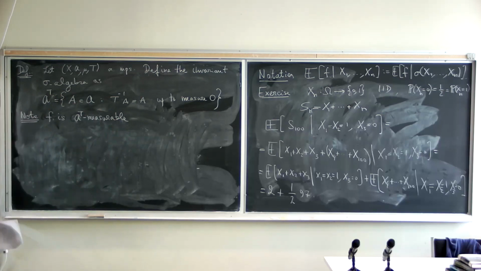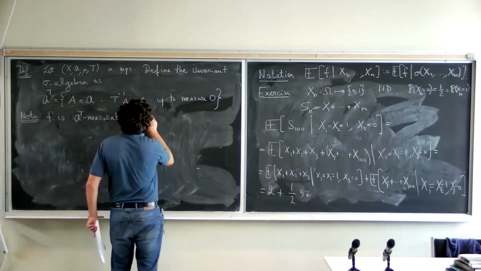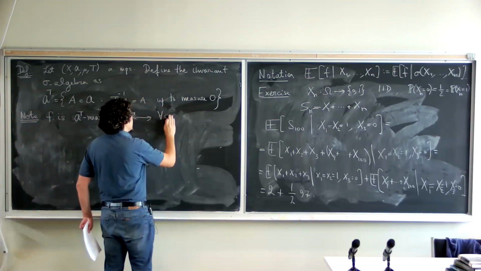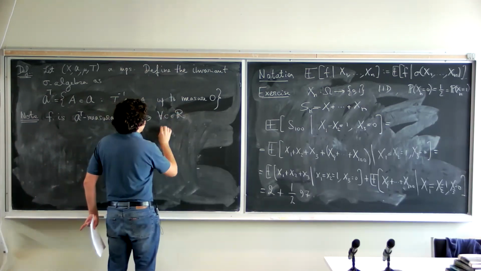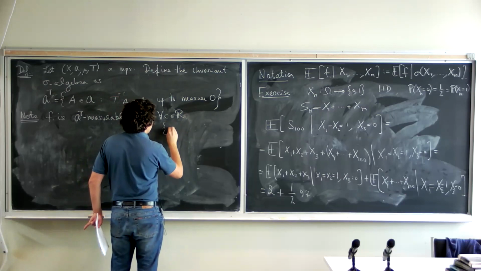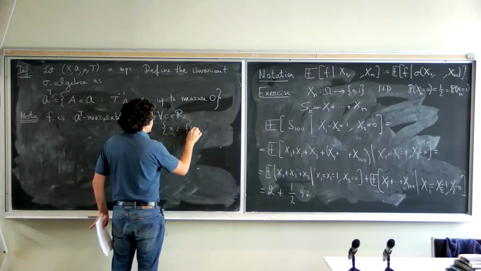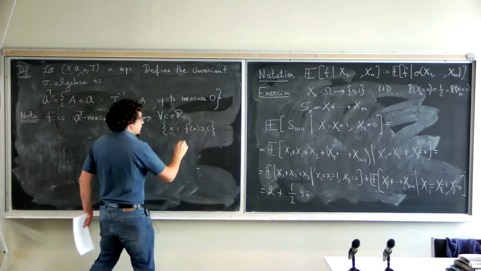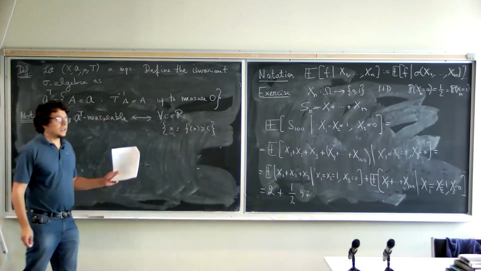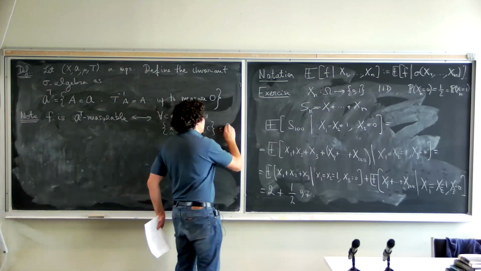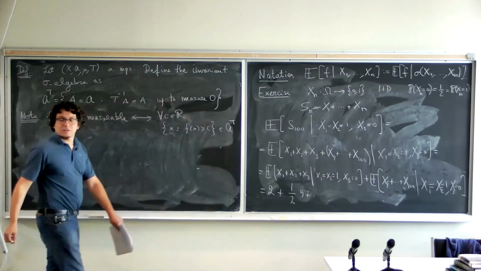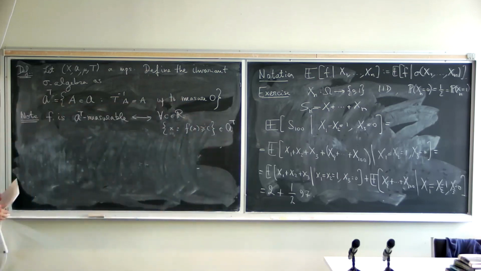So what is a function that is measurable with respect to the invariant sigma algebra? Well, this means that for every c in R, if you look at the set of x such that f of x is bigger than c, this has to be in the invariant algebra, right?